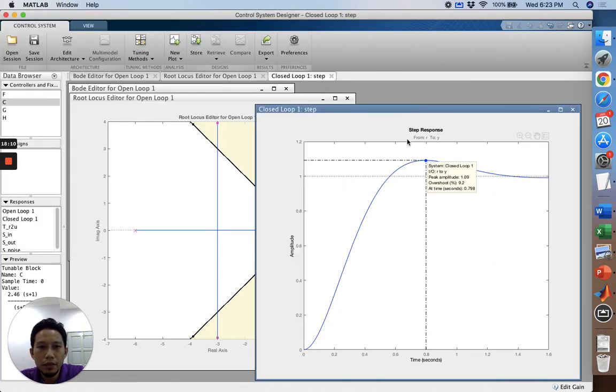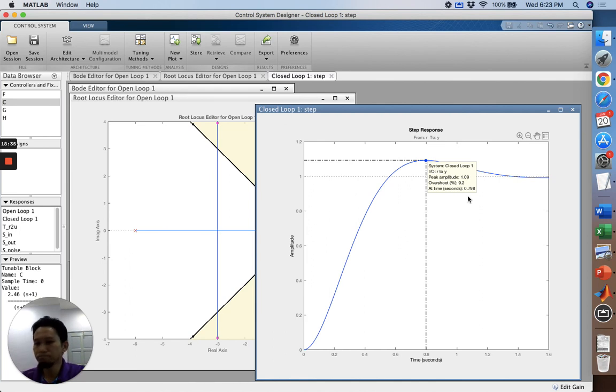So we get here the overshoot is close to 10%, which in this case is 9.2%, and at time 0.798, we have successfully obtained both the overshoot requirement and the peak time requirement.